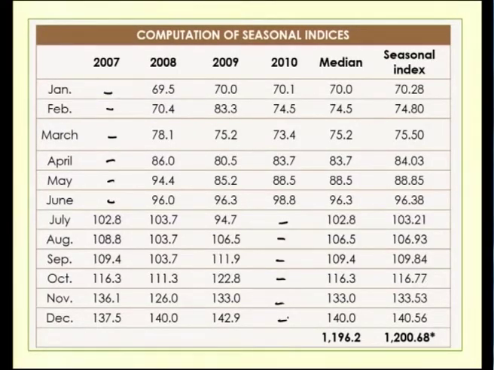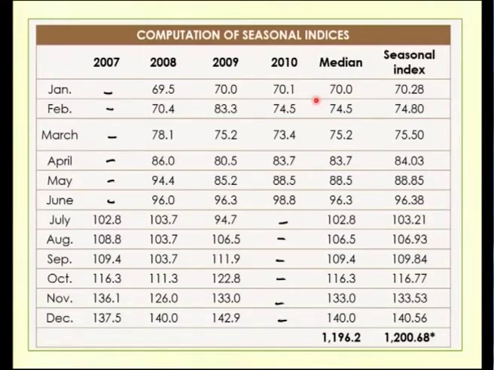After that, you calculate the median, that is, the center value. How do you find the median? First of all, arrange the values in either ascending or descending order and take the middle value. When there are 2 midpoints, just take the average of the midpoints.